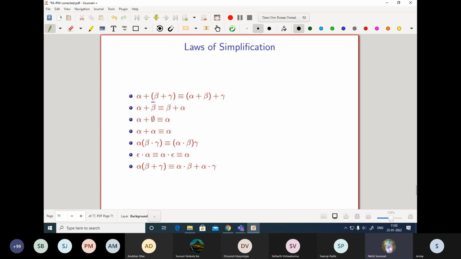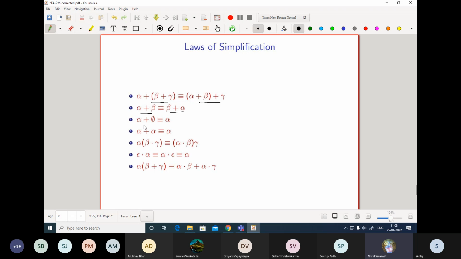One is the associative law: alpha plus beta plus gamma is equivalent to alpha plus beta plus gamma, grouped either way. Similarly, alpha plus beta is equivalent to beta plus alpha. Just check the definition, and look at the union operator of sets.